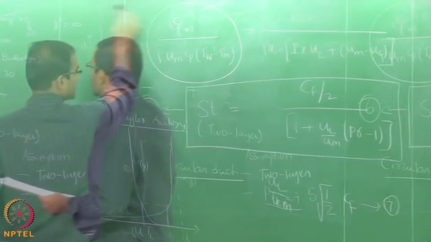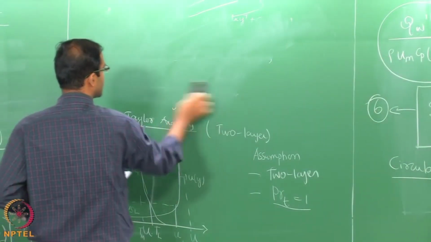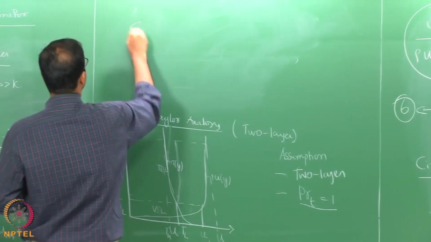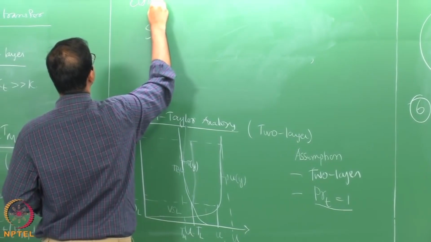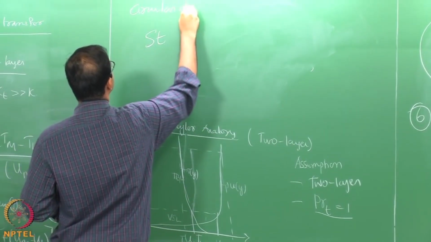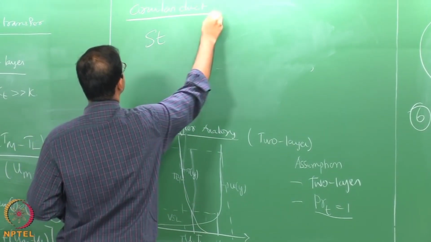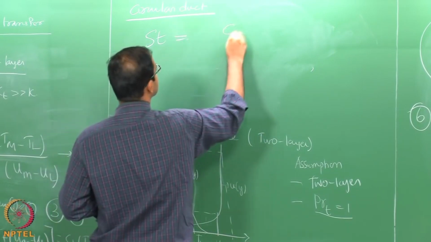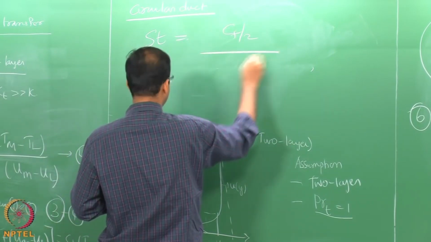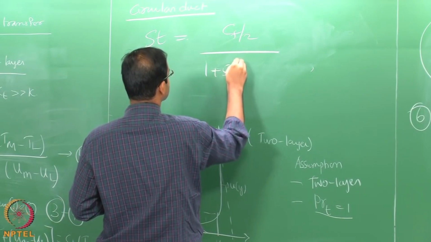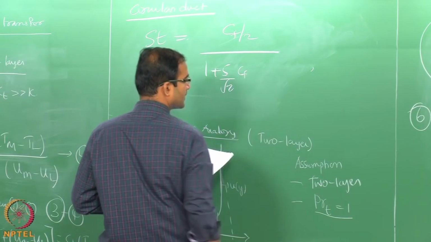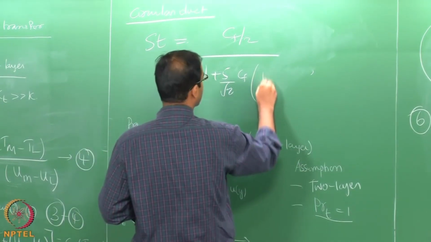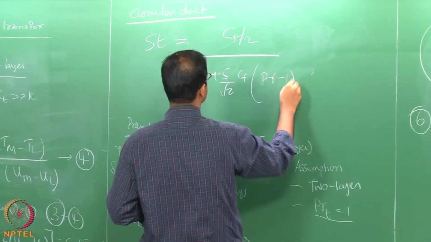So, if you plug in equation 7 into 6, so you get the expression for a circular duct, you get the analogy Cf by 2 divided by 1 plus 5 times square root of Cf by 2 again into Prandtl number minus 1.